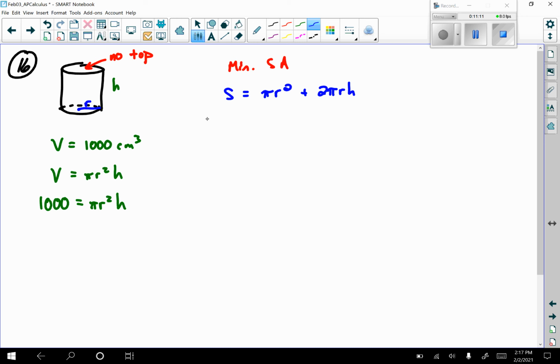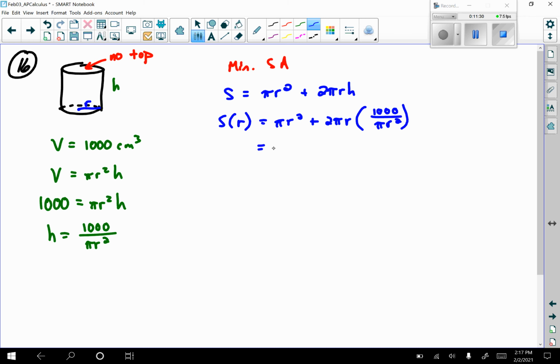Well, I want this all in terms of r, so if we come back over here I'm going to say h is equal to 1,000 over pi r squared. So now S of r becomes pi r squared plus 2 pi r times our height, which is 1,000 over pi r squared.